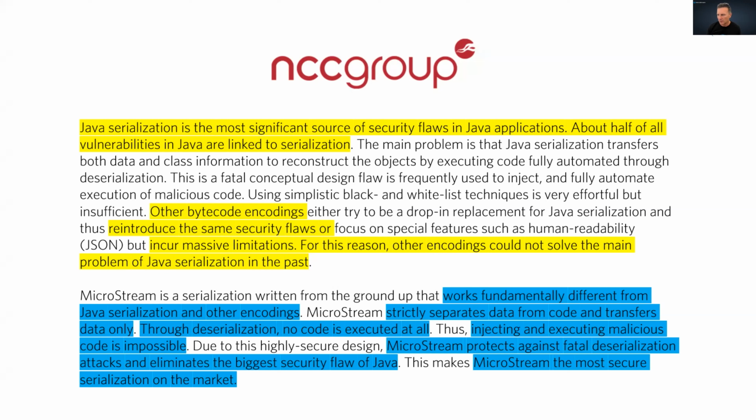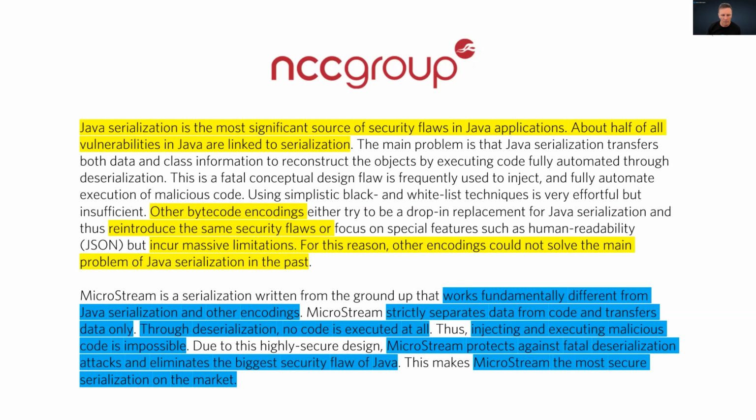They also say that Java serialization is the biggest security flaw in Java, and that MicroStream works fundamentally differently and strictly separates data from code. It transfers data only, so injecting malicious code is impossible.